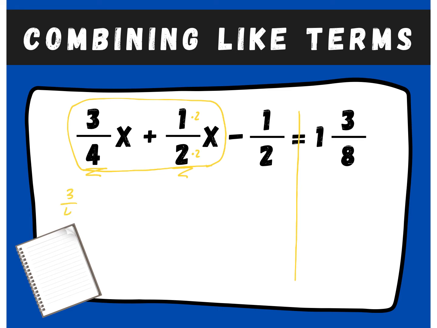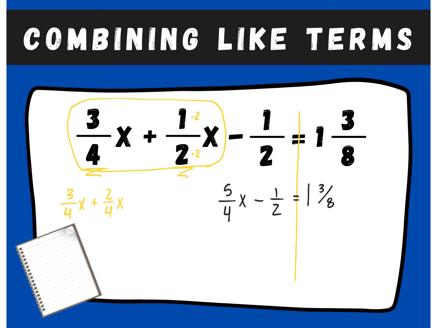Now I have 3/4 x plus 2/4 x, which I know is 5/4 x. So I'll go back into my equation and I'm going to write 5/4 x minus 1/2, bringing everything down to keep my work nice and organized, equal to 3/8.